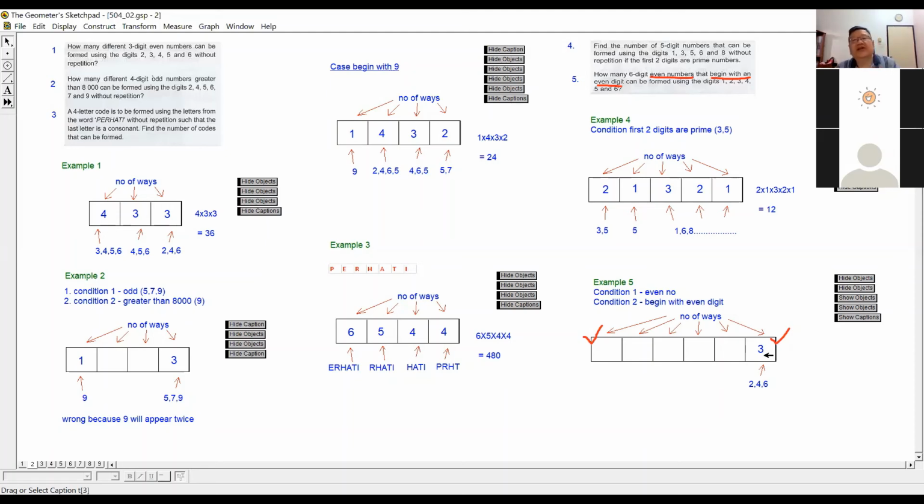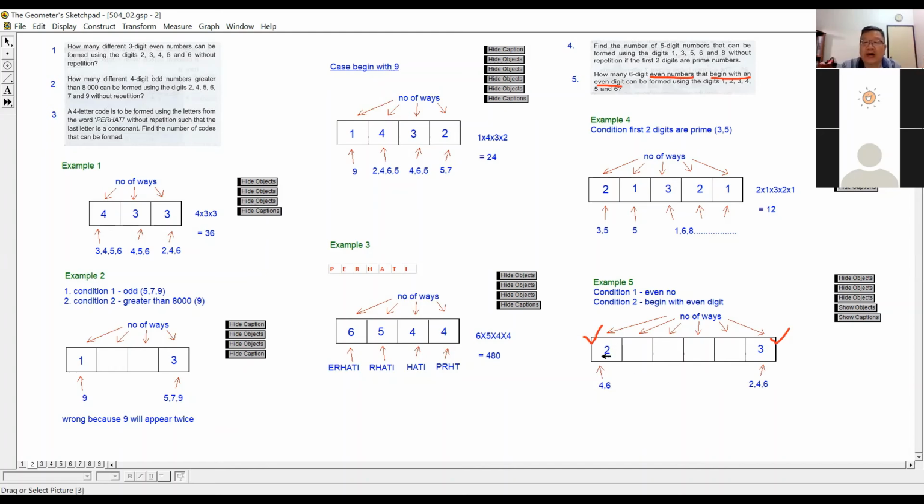Then the first digit also wants an even number, but we have already used up one even number, so there are only 2 left.